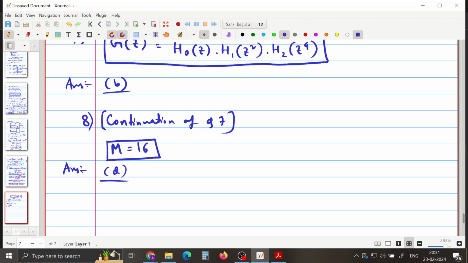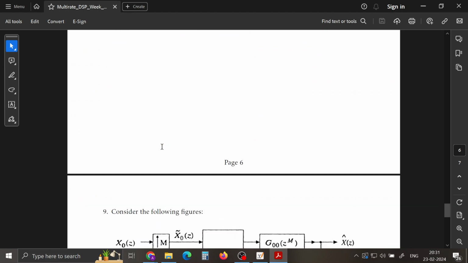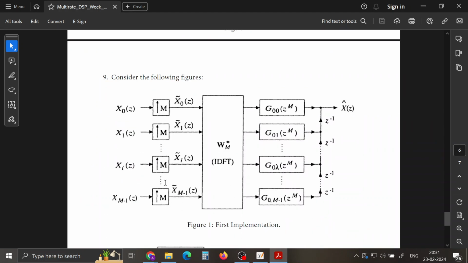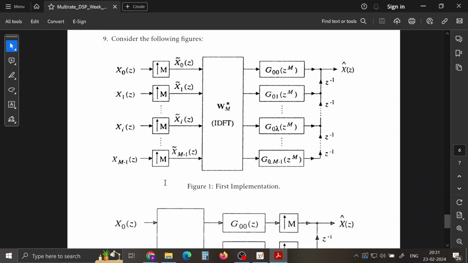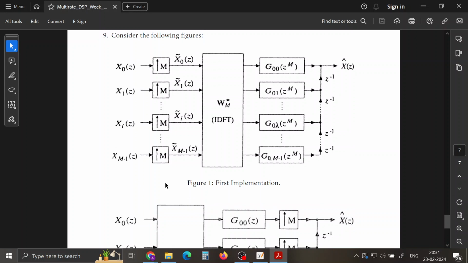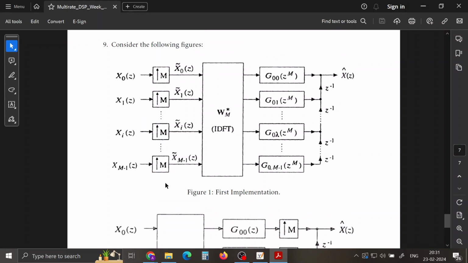Okay, good. So now finally, the last question for today. There are two figures given. No need to be scared of these figures. It's pretty easy.